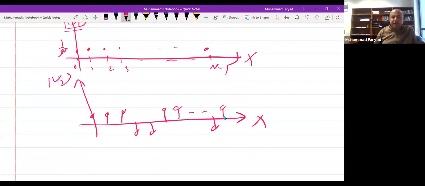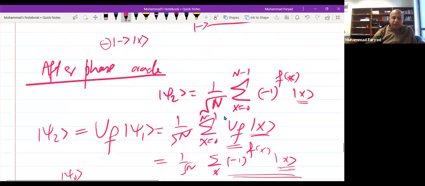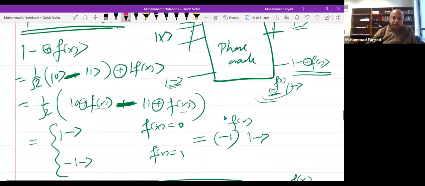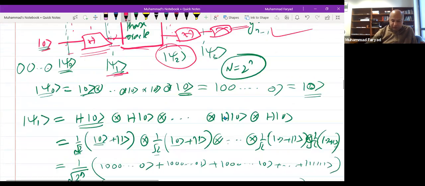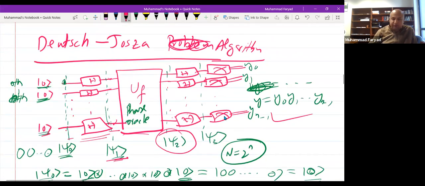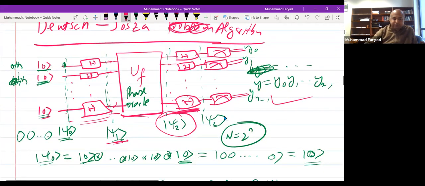This is what the phase part has done to it. And now we essentially do what we call interference, using another Hadamard transform, because after the phase oracle we have another Hadamard transform stage given by this, and let's do that.